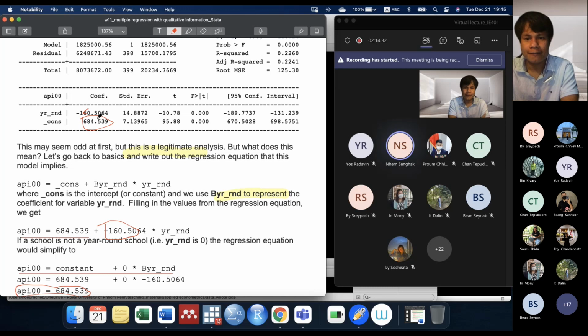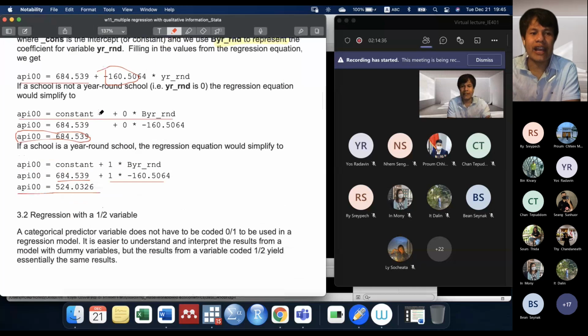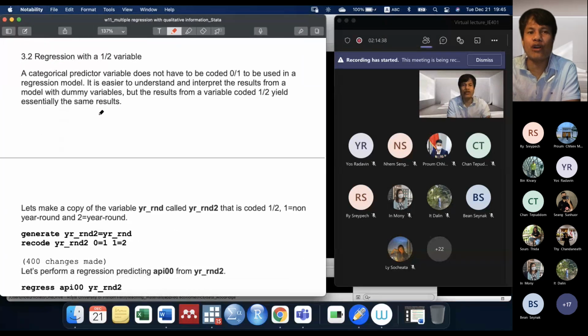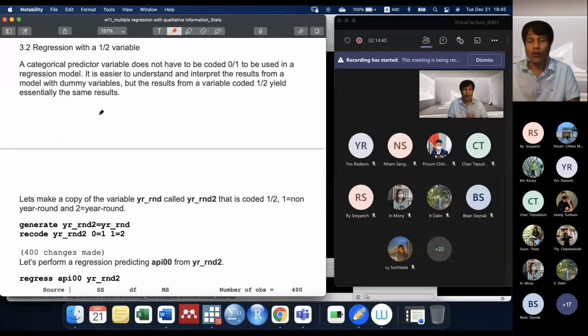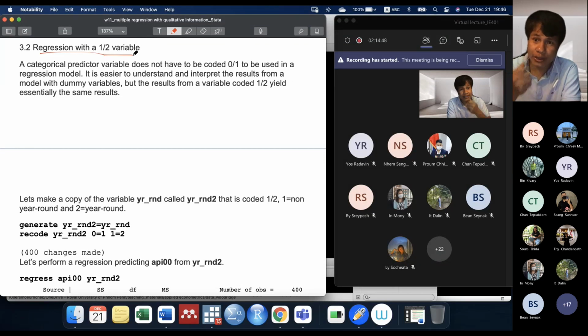Yes, sir. All right. Next, guys, we are going to illustrate what if you don't use 1, 0. What if you use 1, 2, for instance, instead of 1, 0? We suggest you use 0, 1 as a dummy, or 1, 0. But what if you ask, can I use a 1, 2 variable? You can, but the interpretation is different.